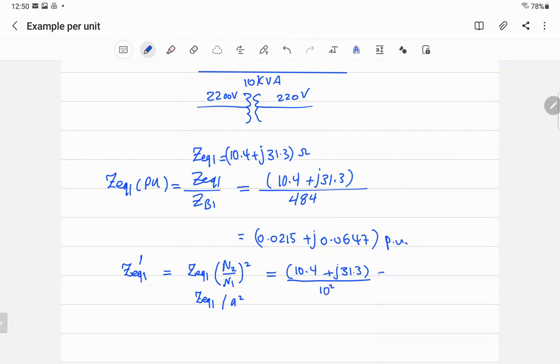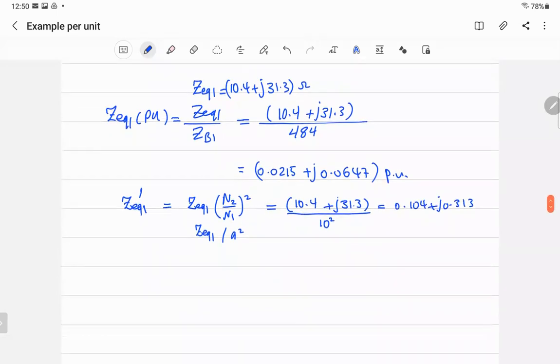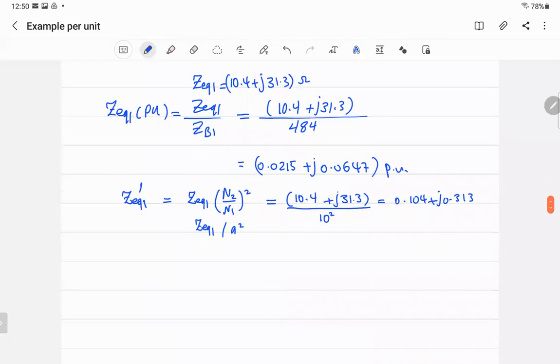So 10 squared gives a small value: 0.104 + j0.313 ohm. Now we have Z equivalent 1 dash, which is Z equivalent 2.